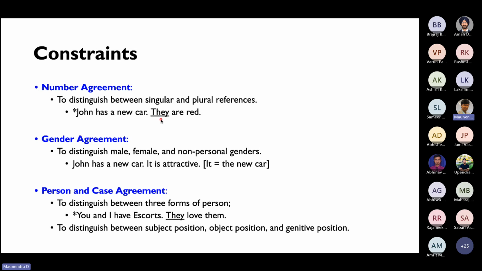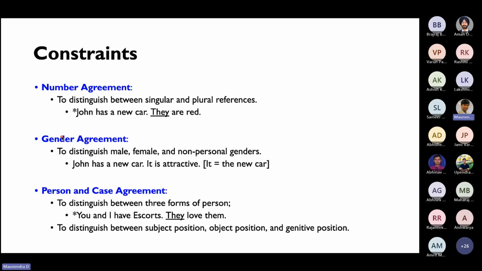And to identify what the pronoun they refers to, the choices from these two sentences are new car or John. But John is singular, they is plural; new car is singular, they is plural. So they cannot be co-references. So we can eliminate them at that point only, even before we go to any sophisticated algorithm.